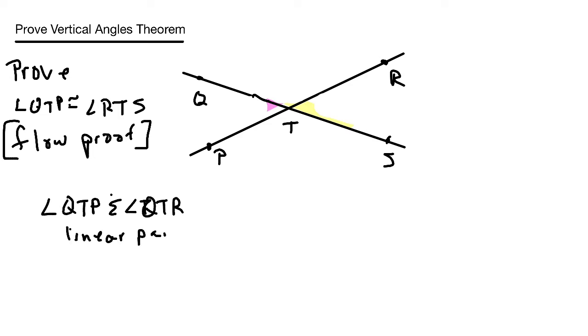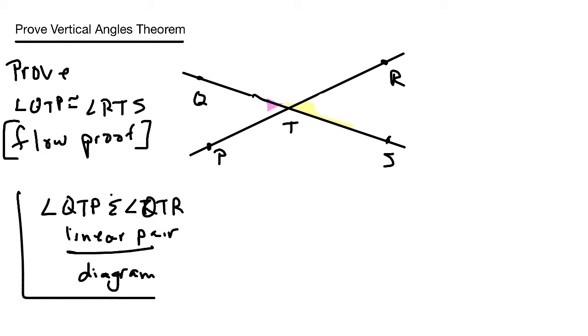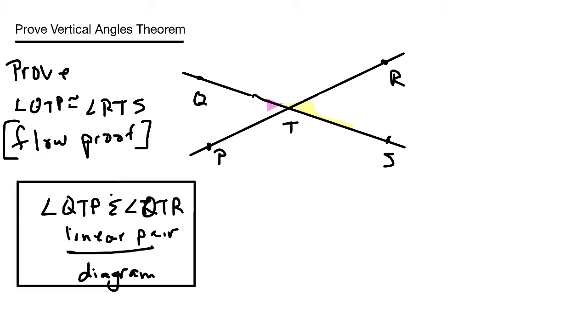And I know that because of the given diagram. That's my first box. You're going to see as I work through this, we're going to have pairs of boxes. So there'll be one over here, one over here, one over here, one over here. And as we work down the page, those will match up pretty closely.